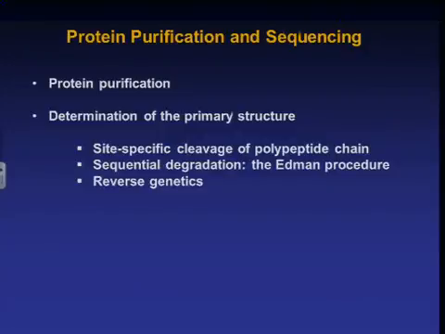And we don't need to know, and we never really use these biochemical approaches to determine the entire primary structure of a protein. Just a portion is what we need to be able to do the reverse genetics. So we'll talk a little bit about purification, how we break it up, and do some sequencing, which is the Edman procedure, and then with that information, we can try to identify the gene.